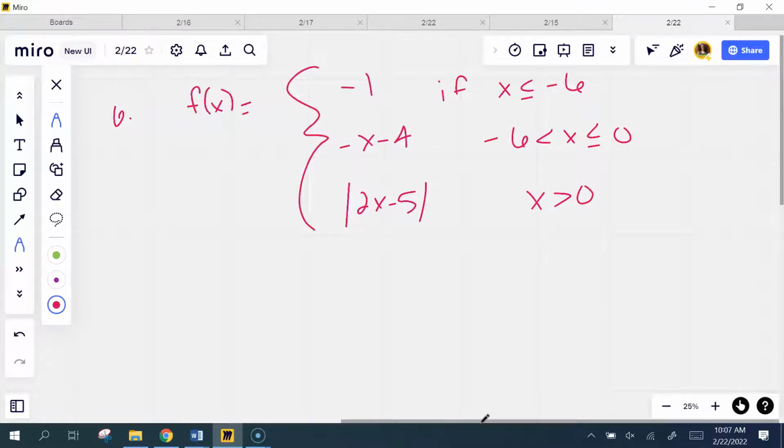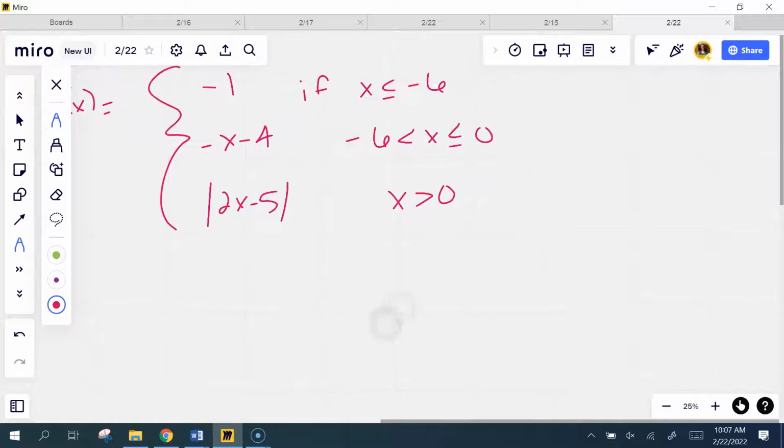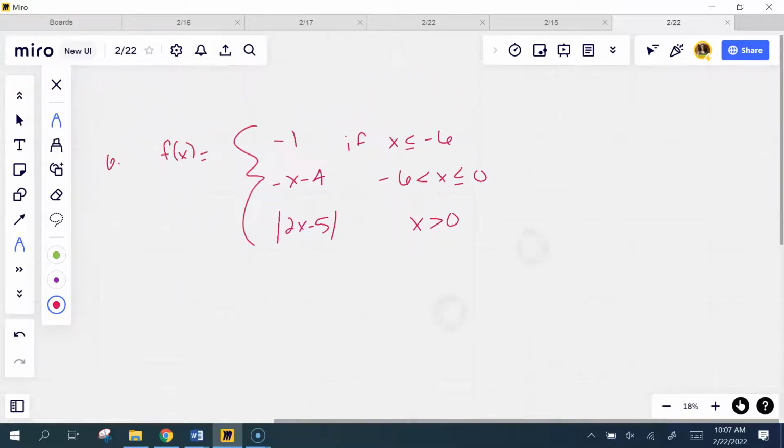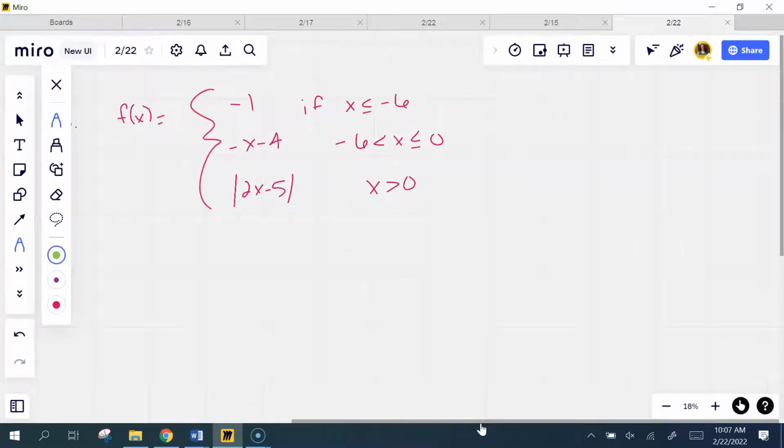The first one's just a horizontal line, and I hope at this point you've done enough of these that you really don't even need to plug in here. But if you do, it's negative 6, negative 1, and then smaller than negative 6, so maybe negative 7.